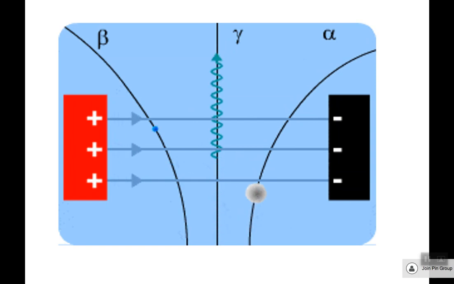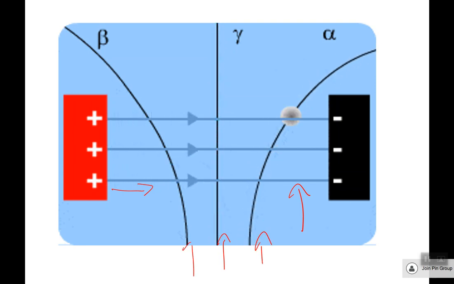Now if you look, here is the electric field here, these blue lines. The electric field is going that way. In the electric field, the arrows point in the direction that a force is occurring on a positive charge. So if we have all these types of radiation coming in here, we've got alpha on the right hand side, beta on the left, and gamma here. Alpha, its trajectory changes going to the right because it has a positive charge.